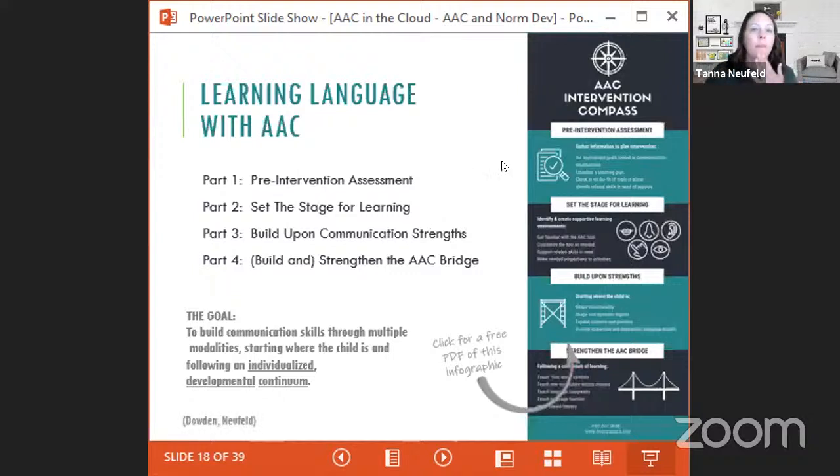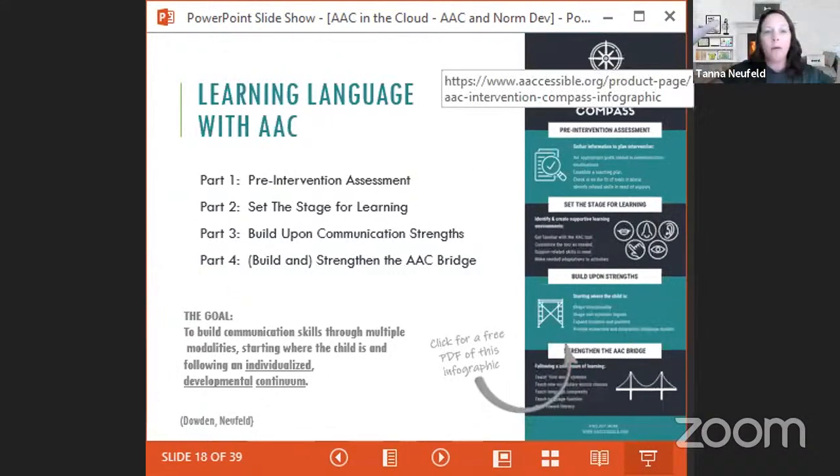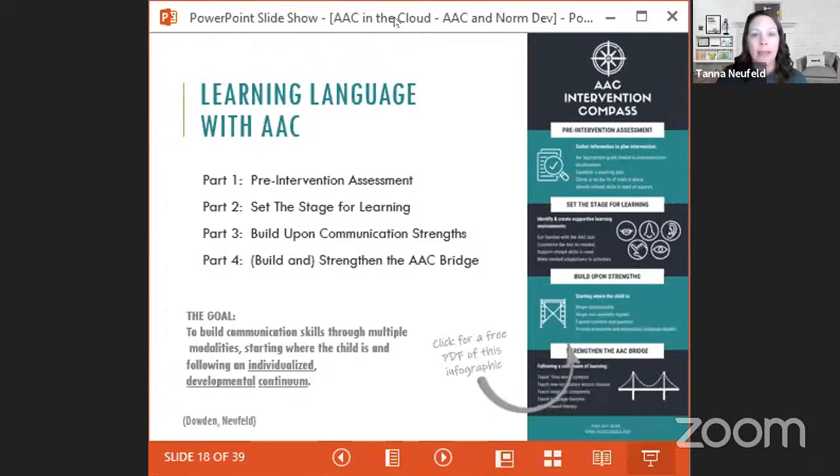So in thinking about explorers, I'm going to walk through a broad intervention framework as well. And the point for AAC intervention is we want to learn language with AAC. It's not learning AAC. Our goal is not AAC. Our goal is learning language with AAC. And so in my AAC intervention framework, I talk about the importance of pre-intervention assessment, especially if you haven't done the assessment.